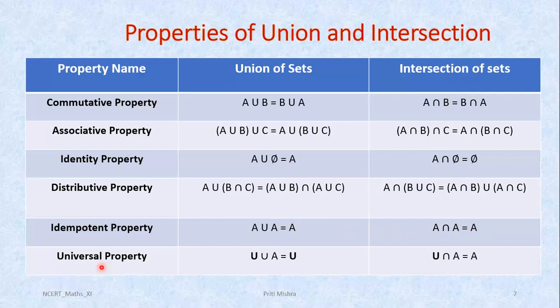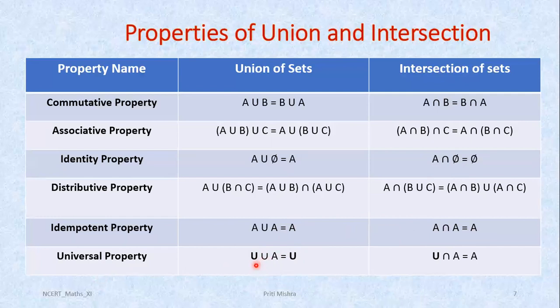At last we have the universal property. It says if you are going to find the union of any set A with the universal set, it will give you the universal set, because this set A will always be a subset of the universal set. When it is a subset, automatically the superset will come after union.